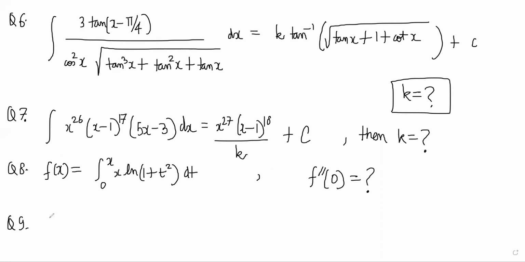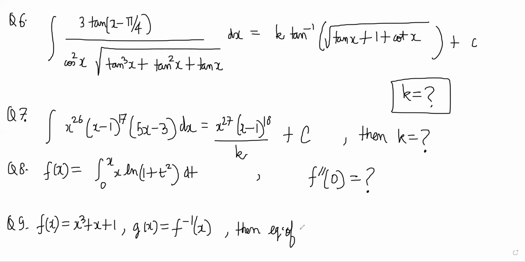Last question is this one. f(x) is equal to x cube plus x plus 1. g(x) is equal to f inverse of x. Then the equation of the tangent to y is equal to g(x) at x is equal to 3 is.